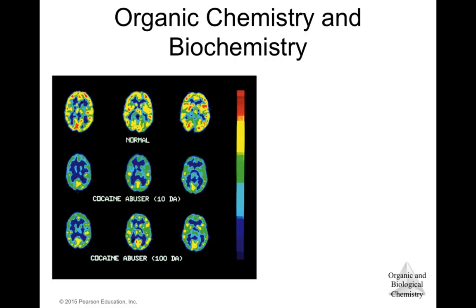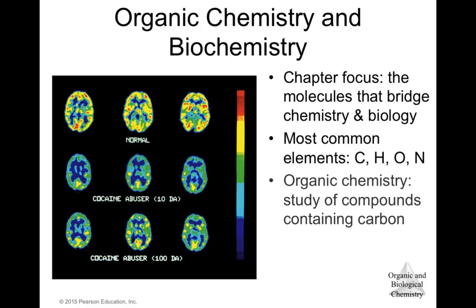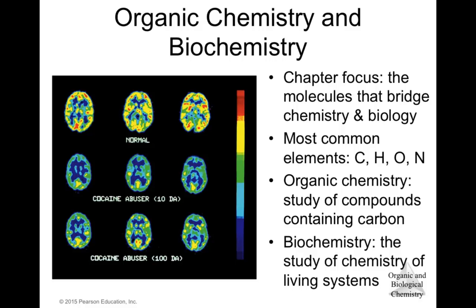This chapter is about the molecules composed mainly of carbon, hydrogen, oxygen, and nitrogen that bridge chemistry and biology. Also, we have organic chemistry. Organic chemistry is basically the chemistry that studies compounds that contain carbon, and biochemistry is the study of the chemistry of living systems.